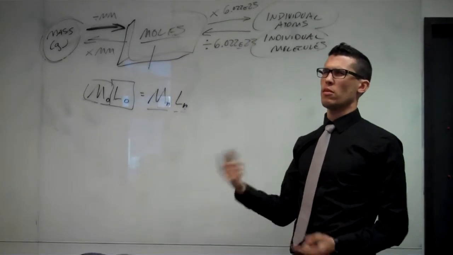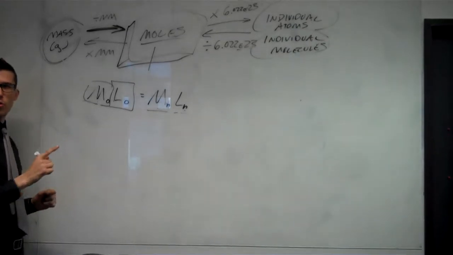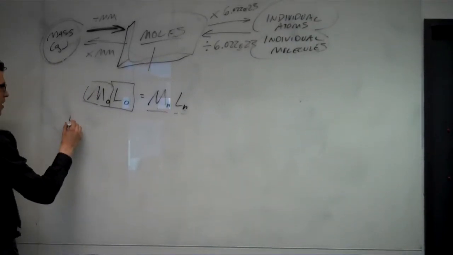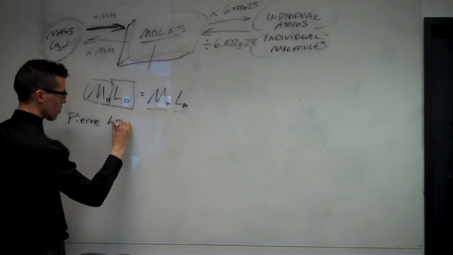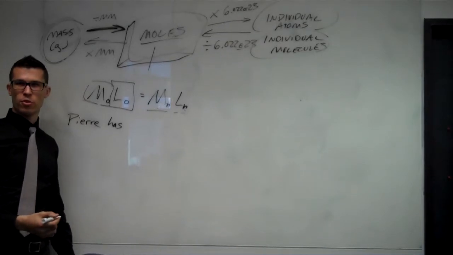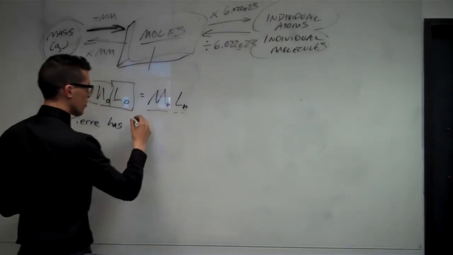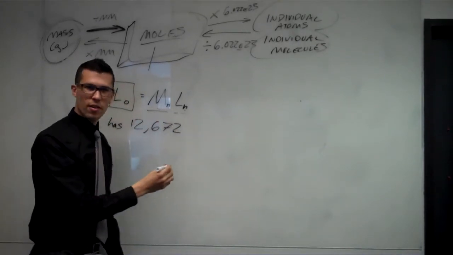Right. So let's say, who am I going to talk about today? I say Pierre. Pierre has how many molar solution? 12,672. Is that what you said?